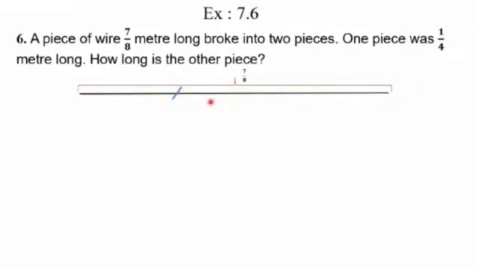So this broken part is of length 1 upon 4 and we have to find the rest of the wire's length. So from the total length of the wire, if this much is cut off or broken off, what are you going to do?